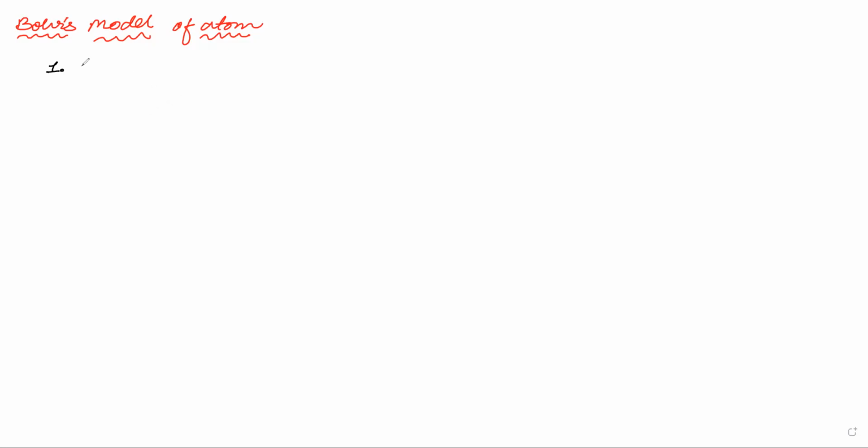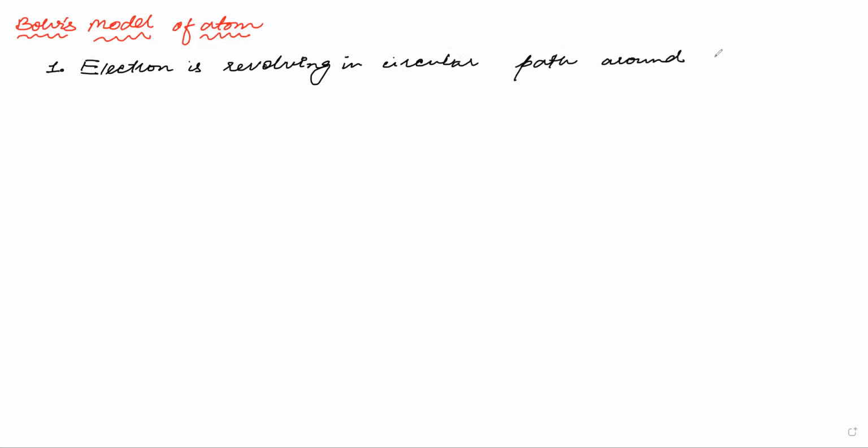So the first statement of Bohr model of atom is: electron is revolving in circular path around the nucleus. And what are these paths called?